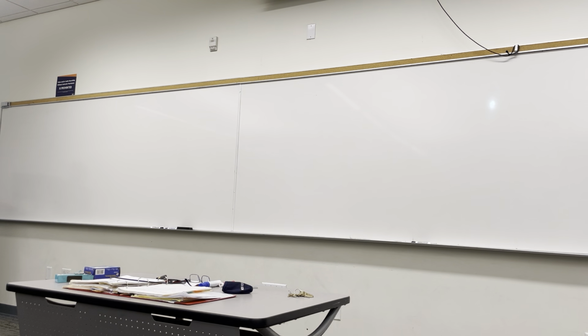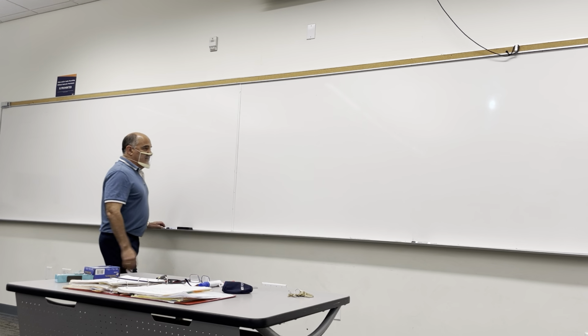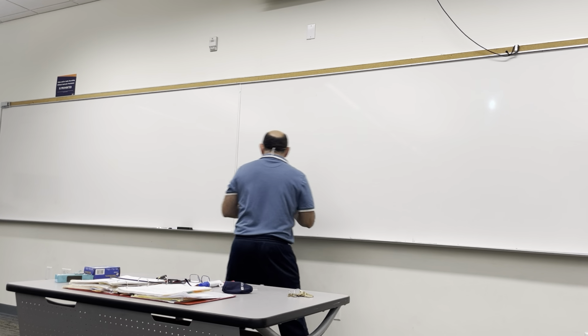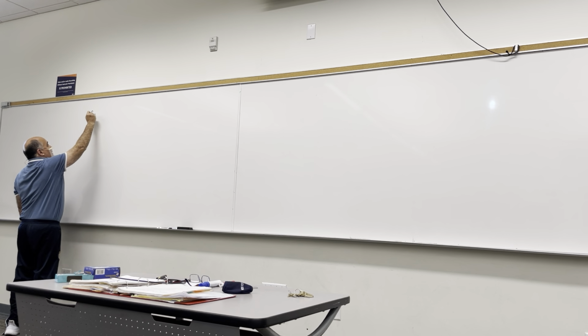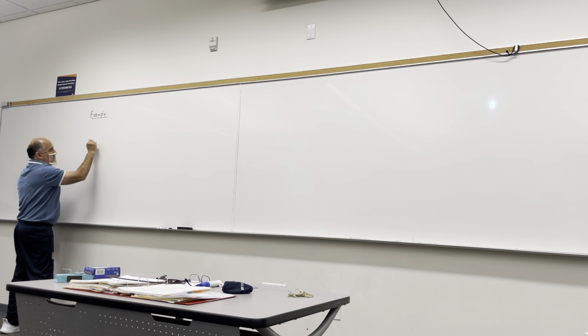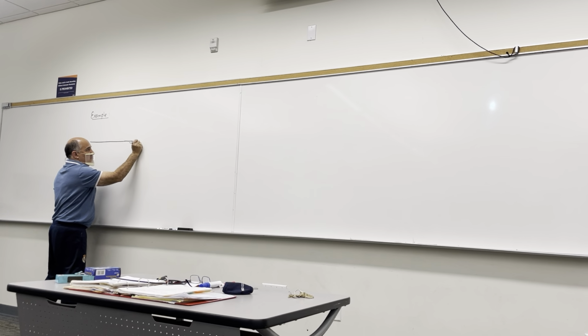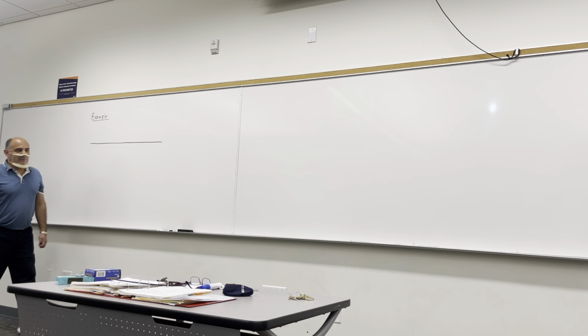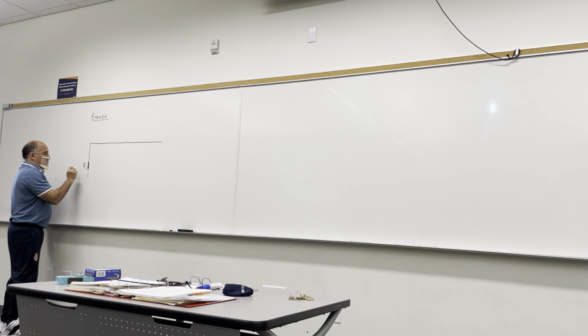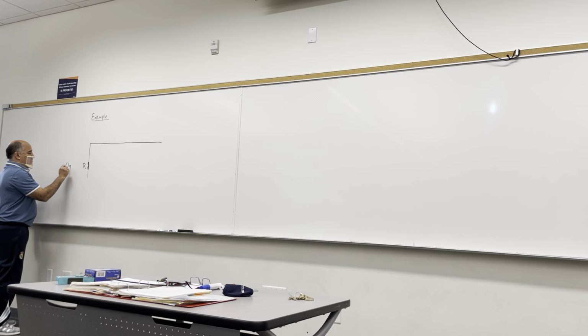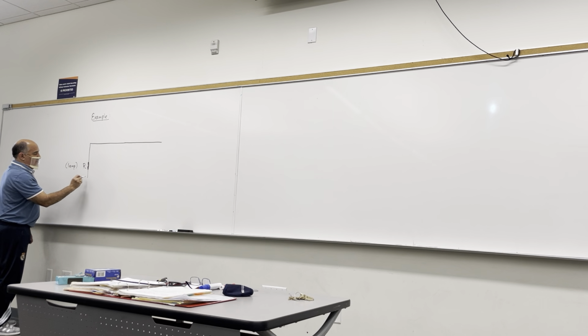Okay, so let's consider this case. Let's call it an example. What if I have a conducting rail? So it's a metal rail, and I have more metal here, and there's a lamp over here, like a light bulb, with resistance R. Maybe this is a lamp that can turn on and off.